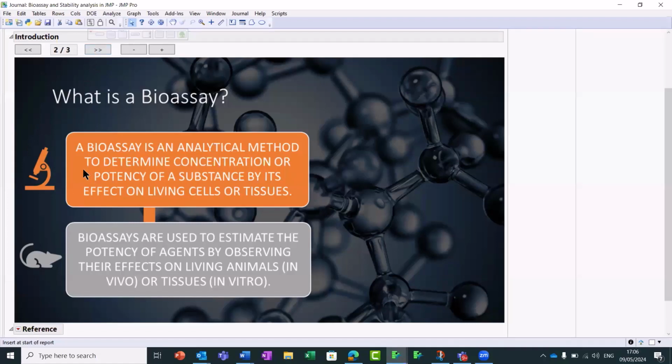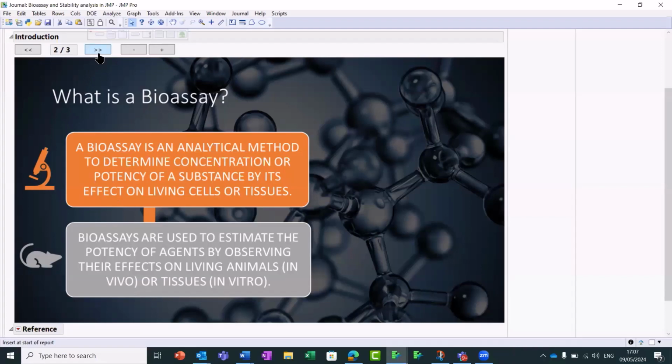I've put here some terms that I found on the internet. A bioassay is an analytical method to determine concentration or potency of a substance by its effect on living cells or tissues. So you can estimate the potency of agents by observing their effect on living animals, so in vivo, and also in tissues or cells in vitro.